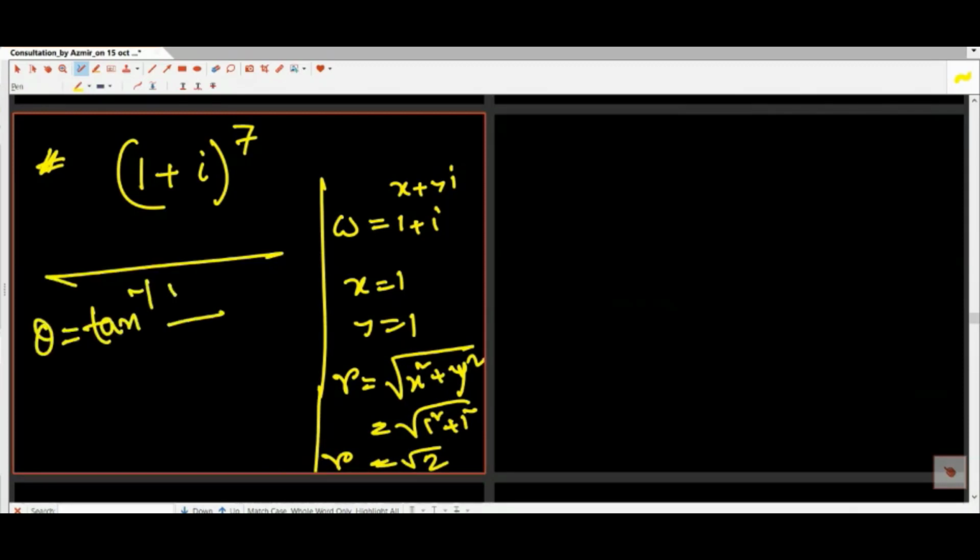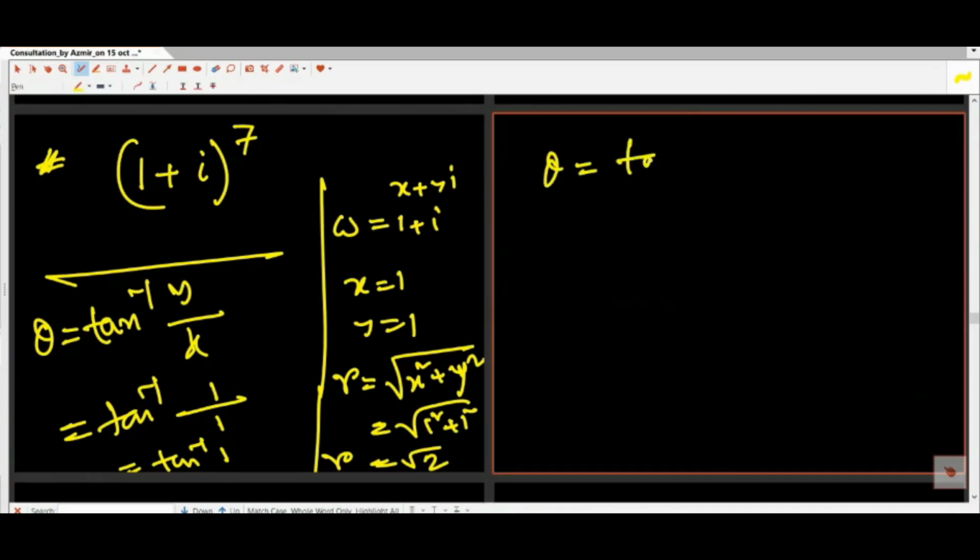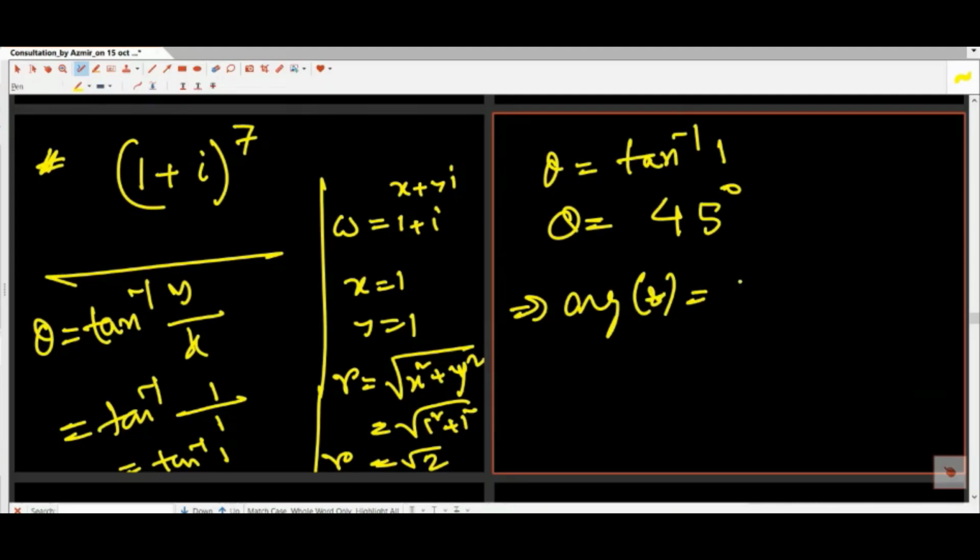Theta equals tan inverse y over x, that is tan inverse 1 over 1, so tan inverse 1, which is 45 degrees. So the argument of z, theta, equals 45 degrees, which is pi over 4 radians.